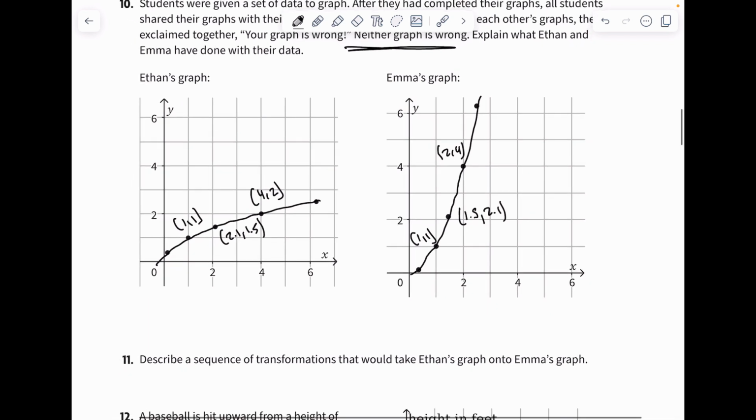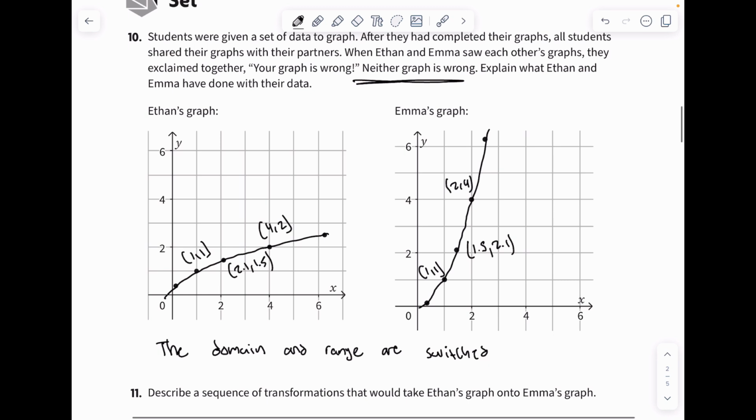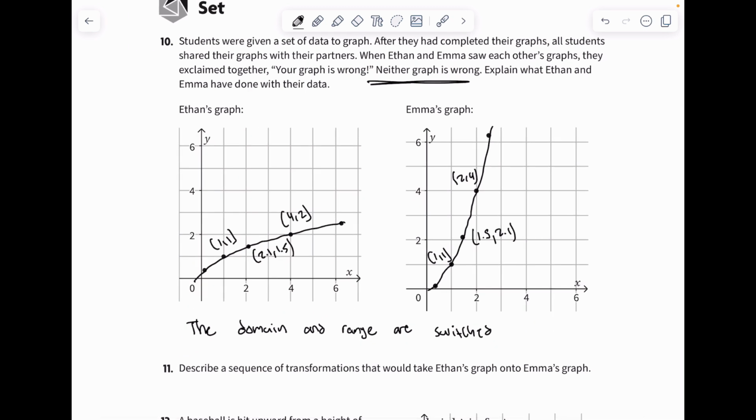So I hope you picked up on the fact that what happened here is that the domain and range are switched, right? Maybe the graph is wrong. So technically, when they plotted their points, they plotted them backwards.